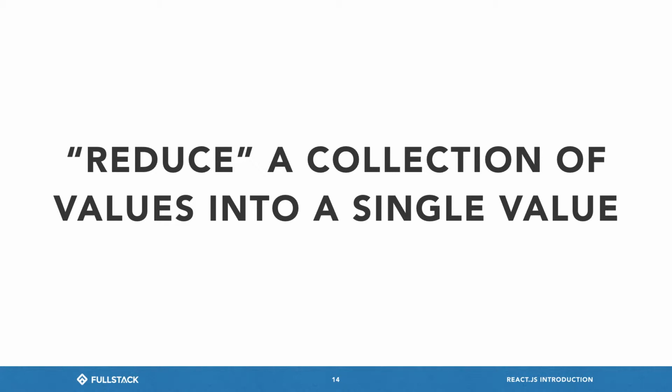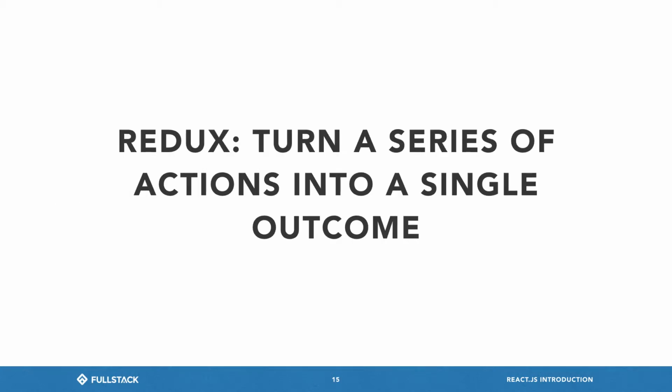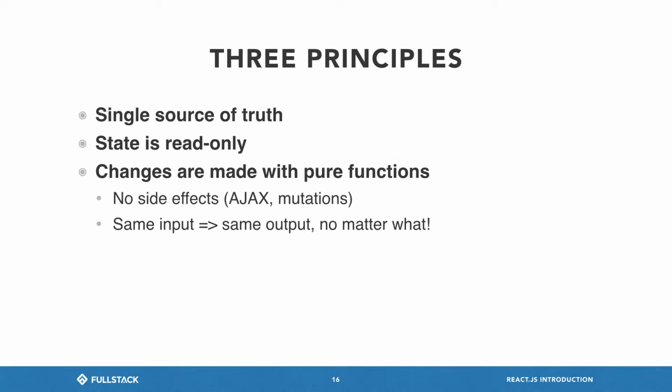Redux does basically the same thing, but over time, reducing a series of actions into a single outcome or a single state. So there are three principles when writing a Redux reducer. One is that you cannot have any side effects.